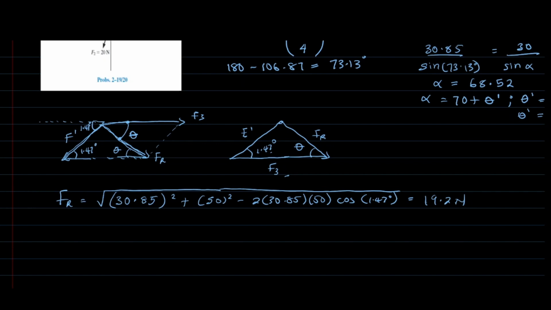Then using the sine rule, we can say FR, which is now 19.2 newtons, over sine of 147, because they're directly opposite each other, is equal to F bar, 30.85 newtons, over sine of this unknown angle theta. Make theta the subject of the formula, put it into your calculator, and you're going to get 2.37 degrees.